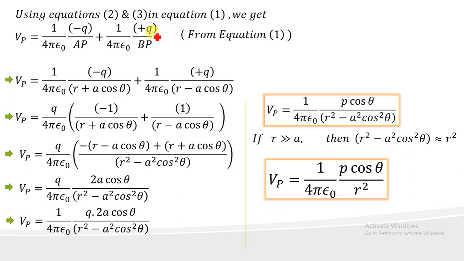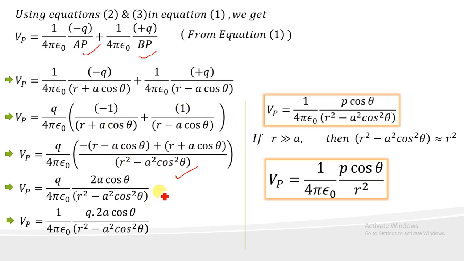Simply put the values of AP and BP, r plus A cos theta and r minus A cos theta. Proceed with a little algebra, take common factors.